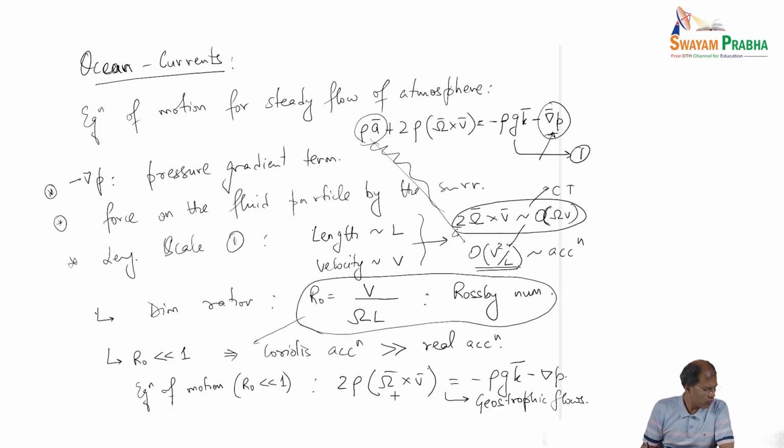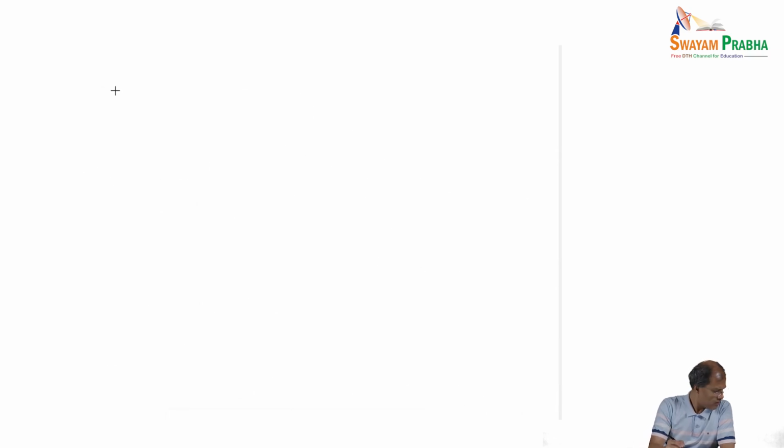Now, suppose we take a scalar product of this equation with v. So let me call this equation 2, and suppose I take a scalar product with respect to v, then v dot grad p is 0.